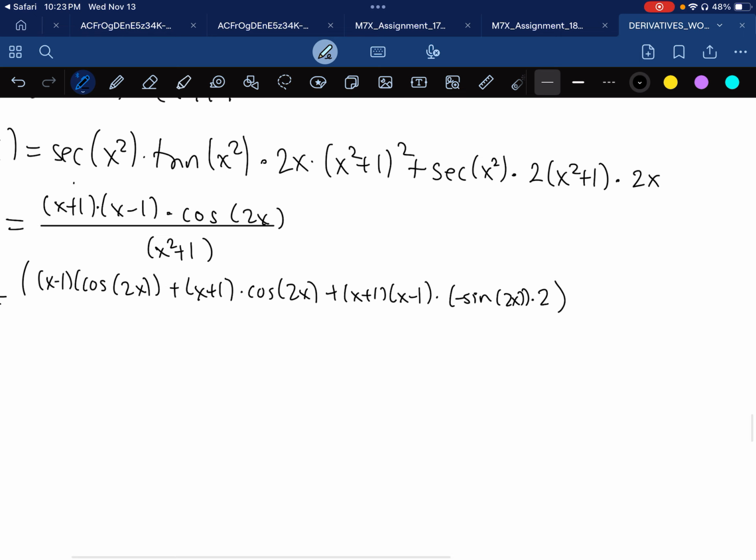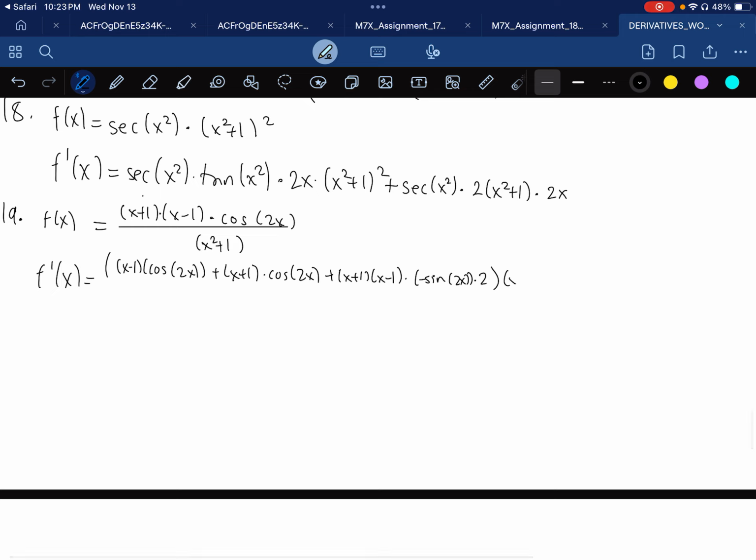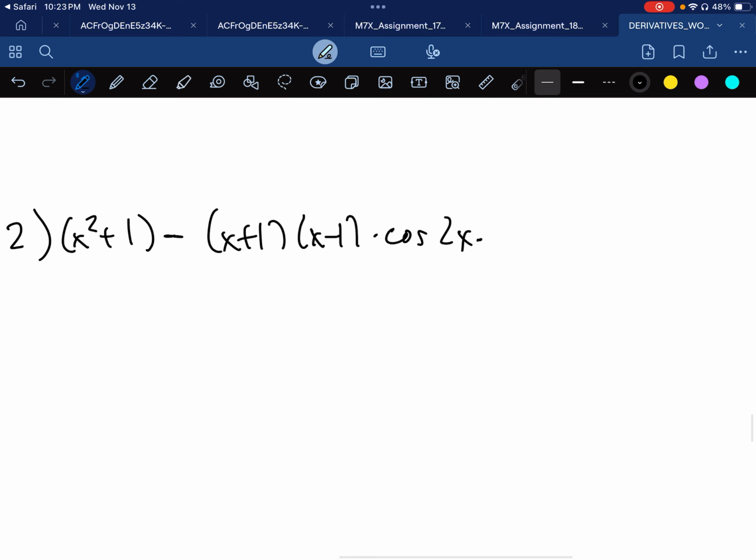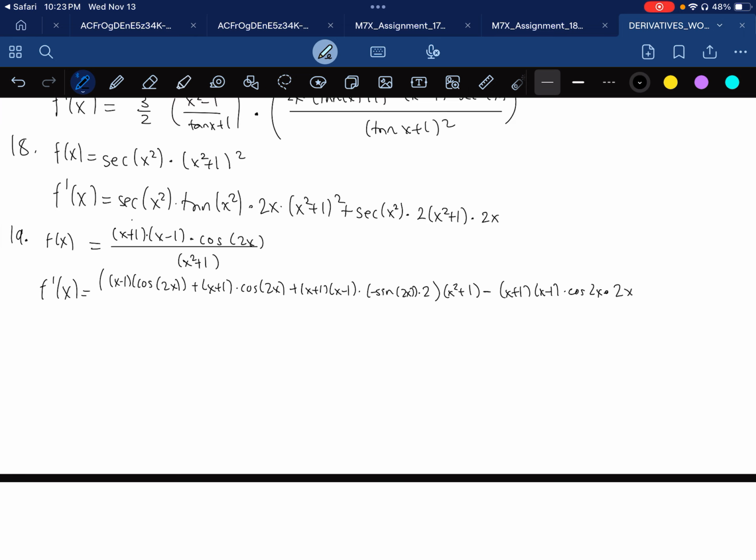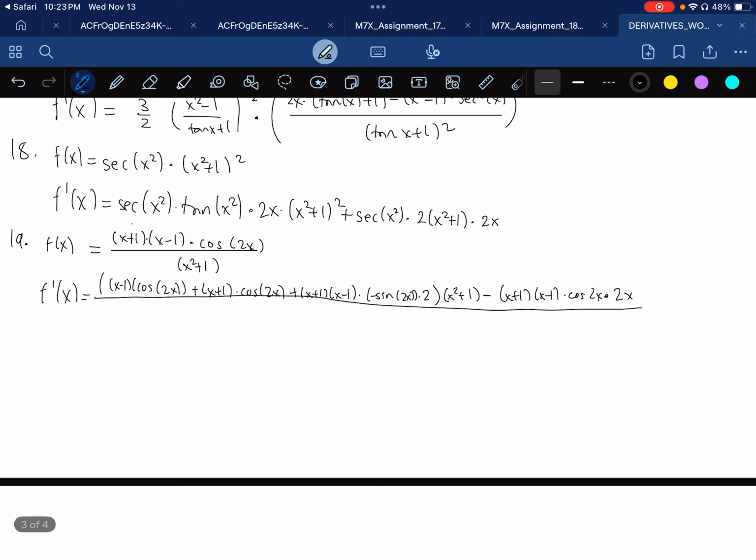And this is the entire derivative of the numerator multiplied by the denominator, minus the numerator times the derivative of the denominator, which is just 2x. All of that divided by the denominator squared.